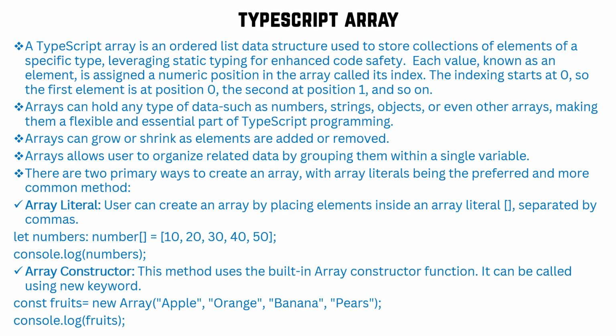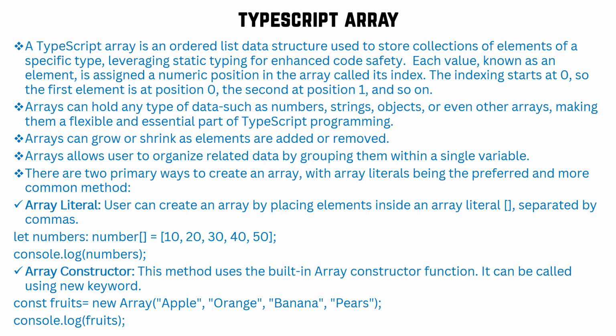A TypeScript array is an ordered list data structure used to store collections of elements of a specific type, leveraging static typing for enhanced code safety. Each value, known as an element in an array, is assigned a numeric position called the index. The index starts from 0 and goes up to n minus 1, where n is the size of the array.